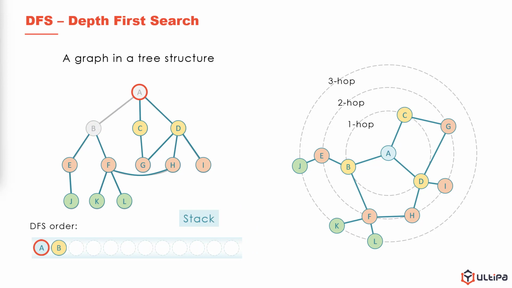Now in the stack, Node B is on the far right. Suspend the inspection on Node A for the time being, and move on to inspect Node B. Explore from Node B. Move on to Node E. Node J has no neighbor not traversed, so it is exhausted.